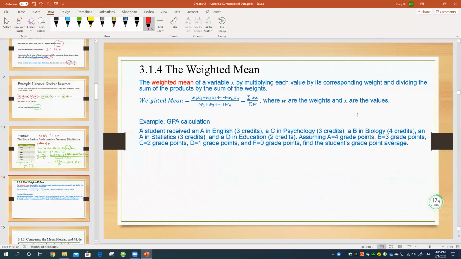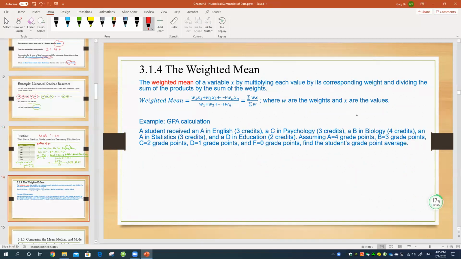The weighted mean of a variable x is found by multiplying each value by its corresponding weight; how many times it occurs is actually the weight. Then divide the sum of the products by the sum of the weights. Now let's look at the equation.